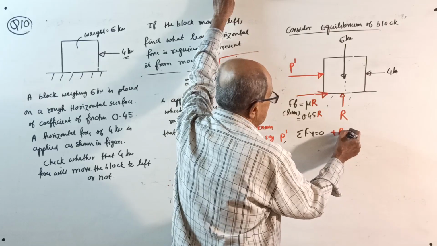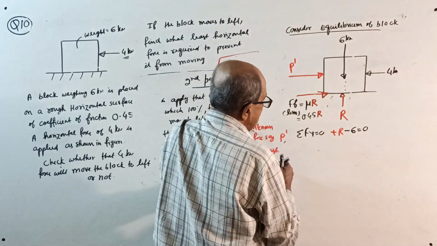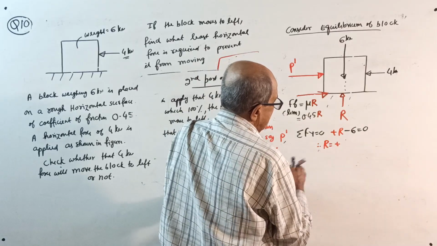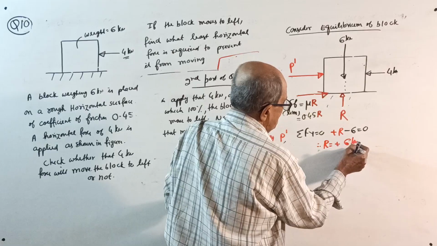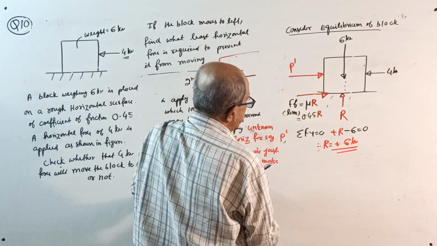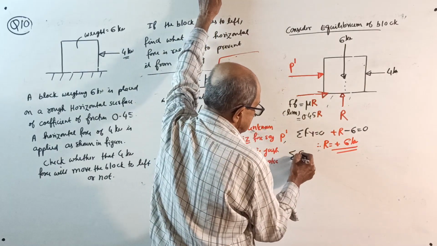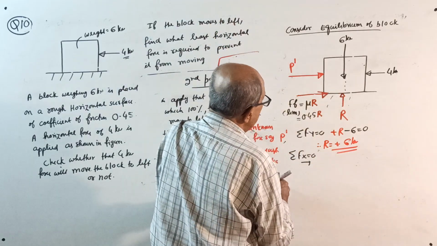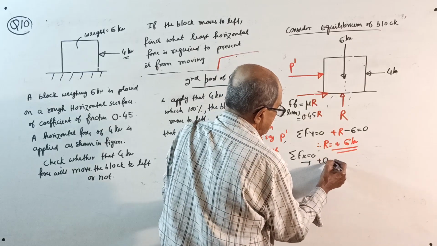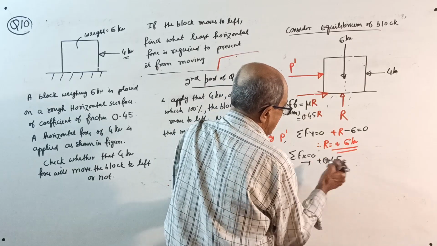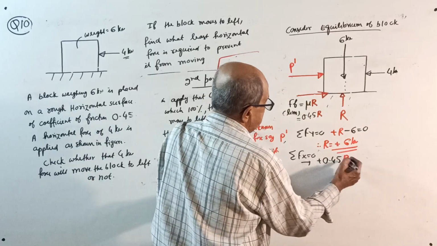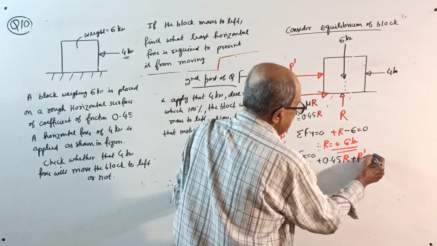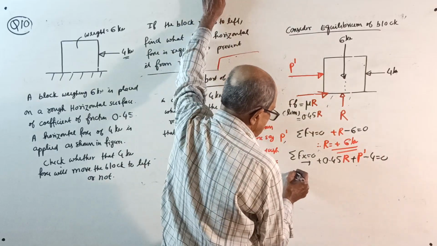Plus R minus 6 equal to 0. Therefore, your R equal to plus 6 kilonewton. Okay. Then, sigma Fx equal to 0. Right side positive. See now, mu 0.45, plus 0.45 into R plus P dash minus 4 equal to 0.